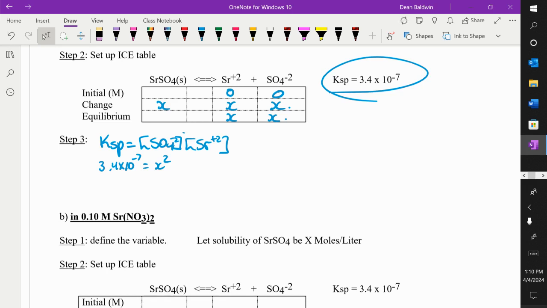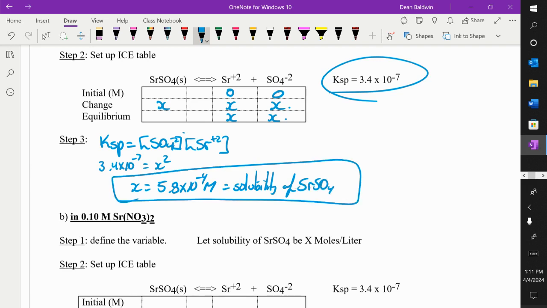So then you square root it, and you should get 5.8 times 10 to the minus 4 molar is the solubility. That's how much strontium sulfate we can add to pure water before it saturates itself. Okay. So that's the max.